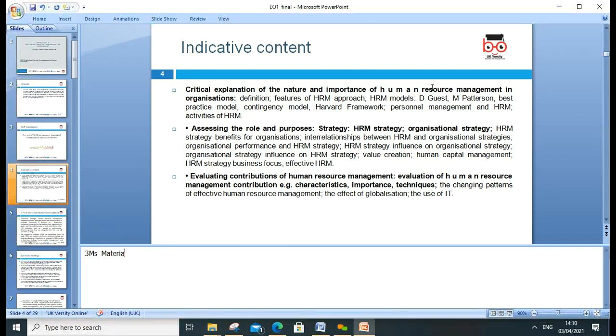If you want to start any business, we need material. Material can be different types of assets we require. We require manpower, which is human beings, labor we can say, and we require money. All these 3 M's are required to start any business, and we need to make sure we manage these resources, because we are quite constrained.